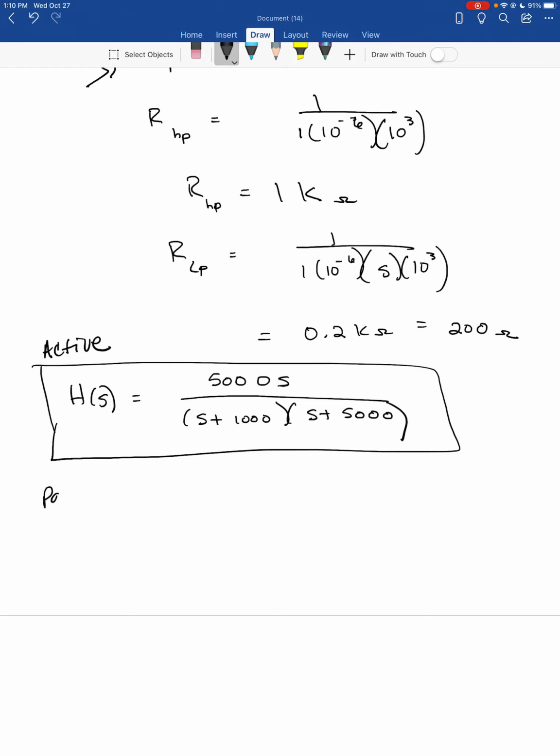Let's go back to that passive. Same specs, okay, based on upper and lower cutoffs.